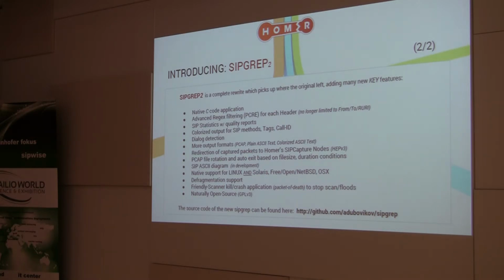I would also like to make dangerous demos, but there was very, very short time. But you can do it by yourself. Just download this application, compile, and you can use the flag -G. If SIPgrep detects a friendly-scanner attack, it will immediately send this special packet, and this friendly-scanner will exit.